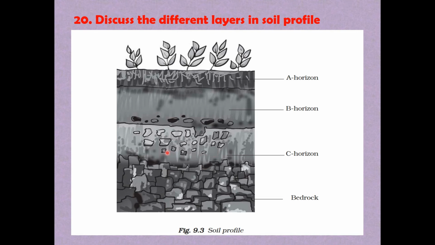Here some lumps of broken rocks or stones are formed by partial weathering of bedrock or the parent rock. Here the rocks, as you know, are rich in minerals, so no humus, and they are harder and more compact than the B horizon.